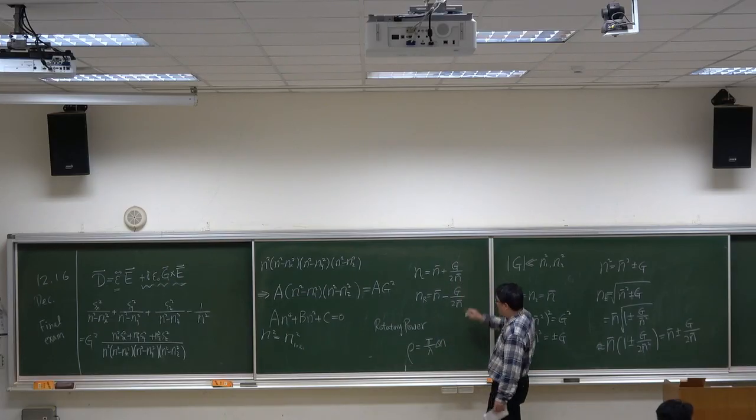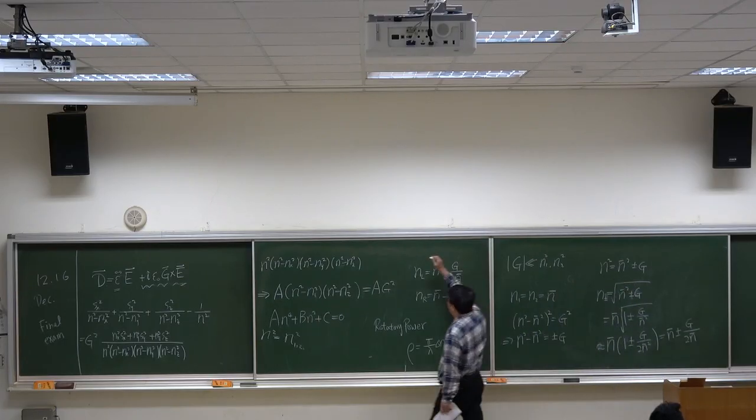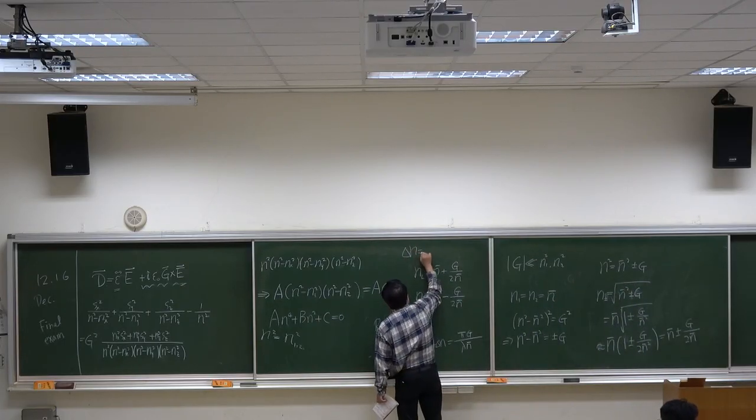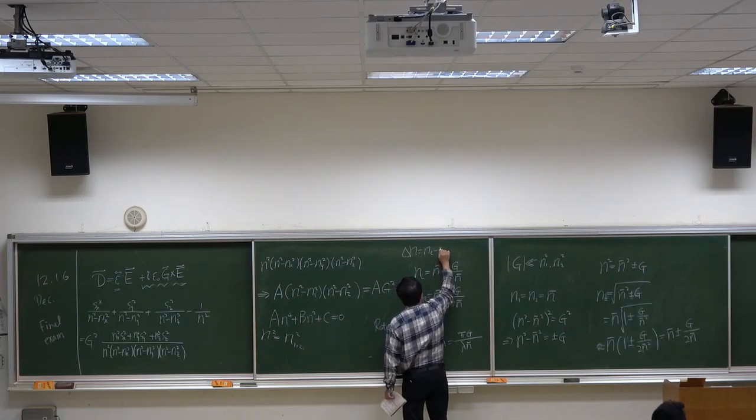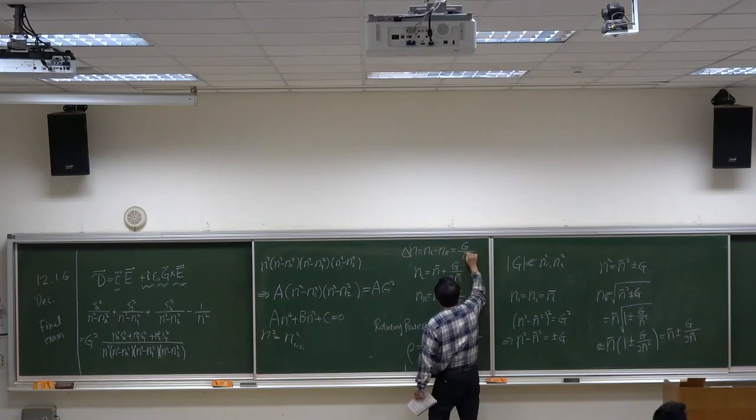And now delta n is nothing but g over n bar, because delta n is nL minus nR, which is equal to g over n bar.